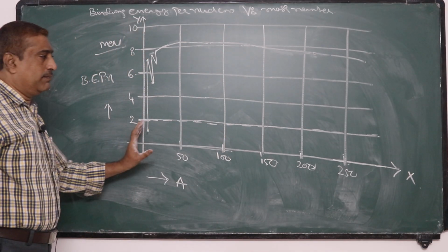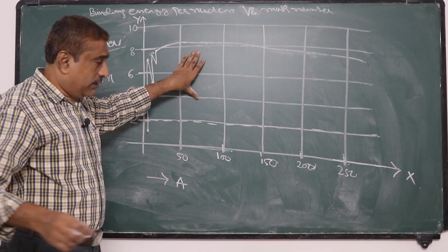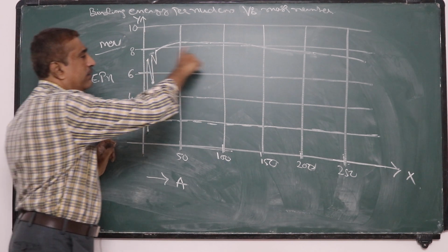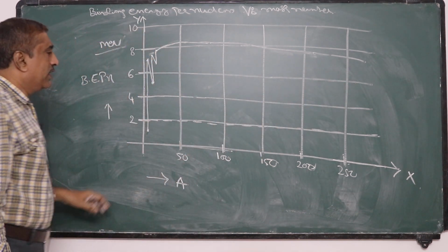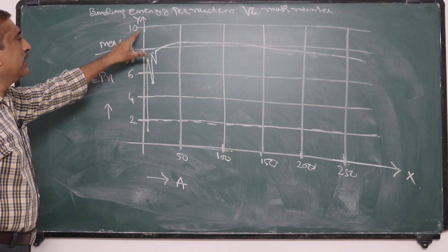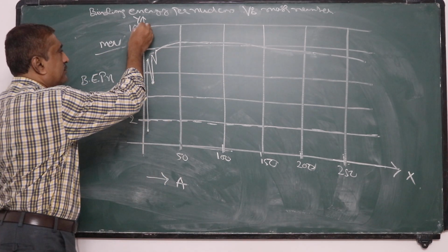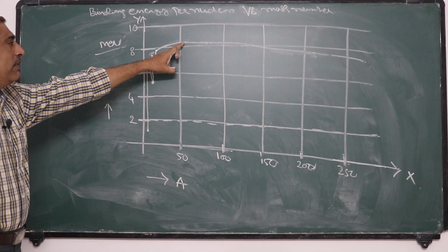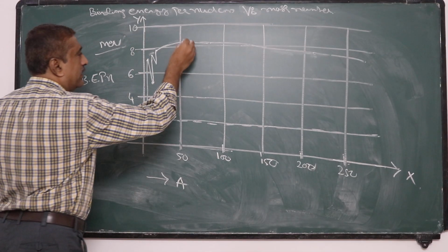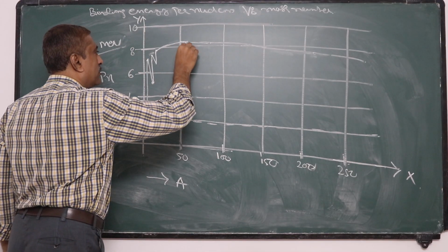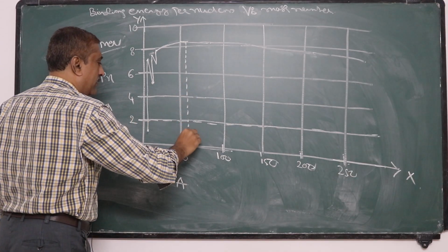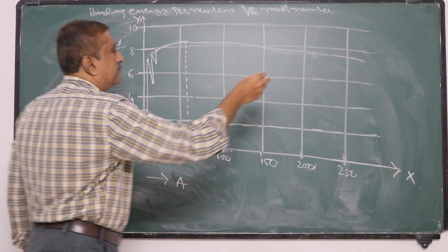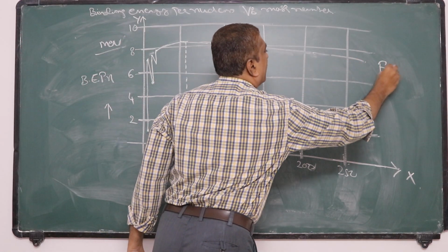The binding energy curve for different mass numbers versus binding energy per nucleon will be like this. Now from this graph we can say there is no nucleus having 10 MeV. The maximum value of binding energy is at this point, and this corresponds to mass number 56, that is Fe 56.